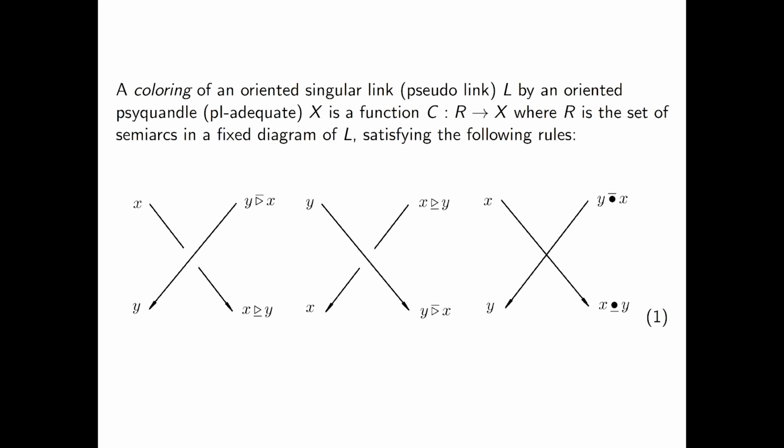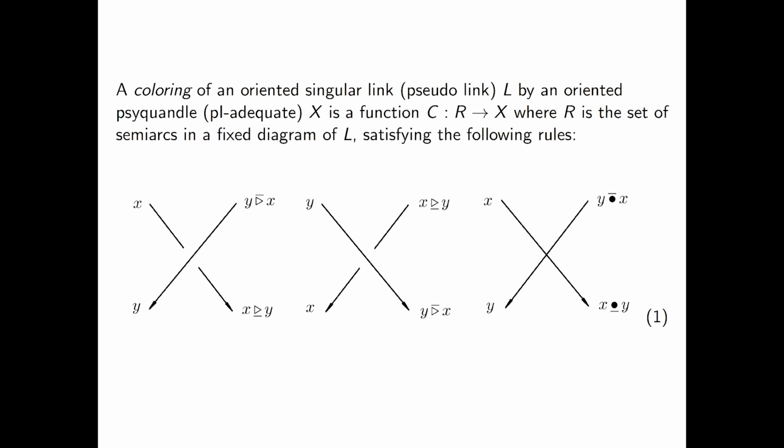So you can sort of think of these operations as telling you that Y is over X and X is under Y. So in a similar fashion, if you have a negative crossing, you're going to be using your under triangle operations and your over triangle operations. And so this gives you the exact rule for a negative crossing. So this is the figure in the middle. And then on the right, we have an intersection of these two strands.